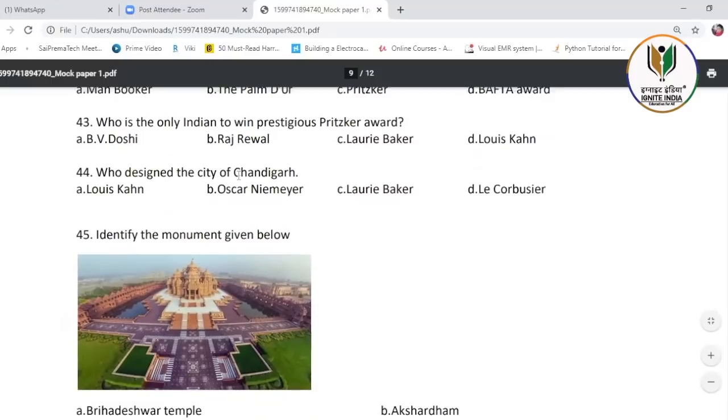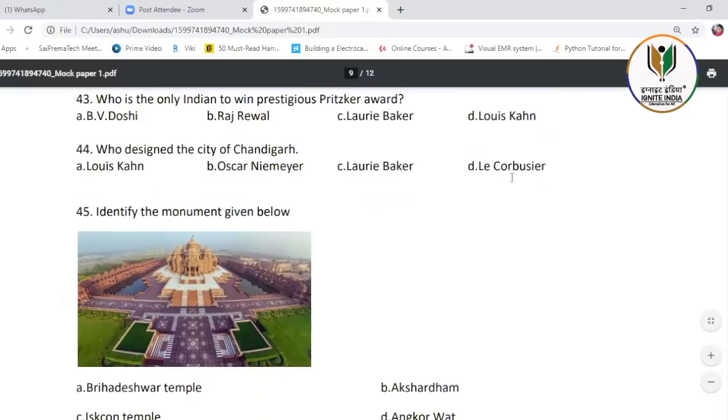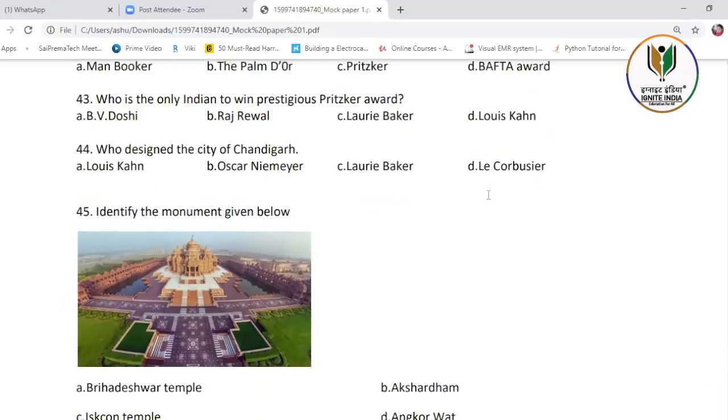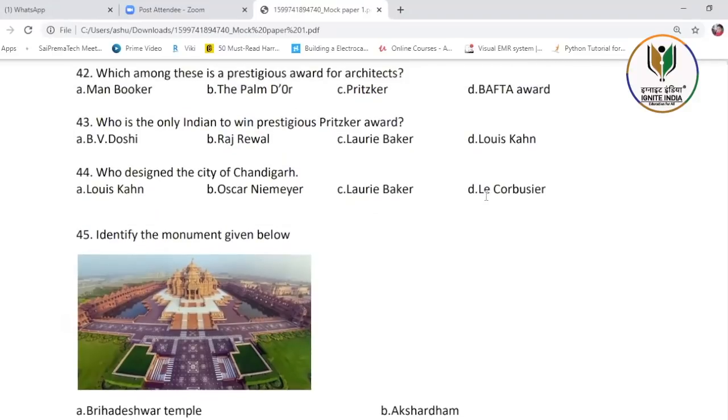Who designed the city of Chandigarh? You might think that it is an Indian city, so it might be an Indian architect, but no. Jawaharlal Nehru commissioned an international architect to design this city, and it was designed by Le Corbusier. B.V. Doshi worked under Le Corbusier for some time.